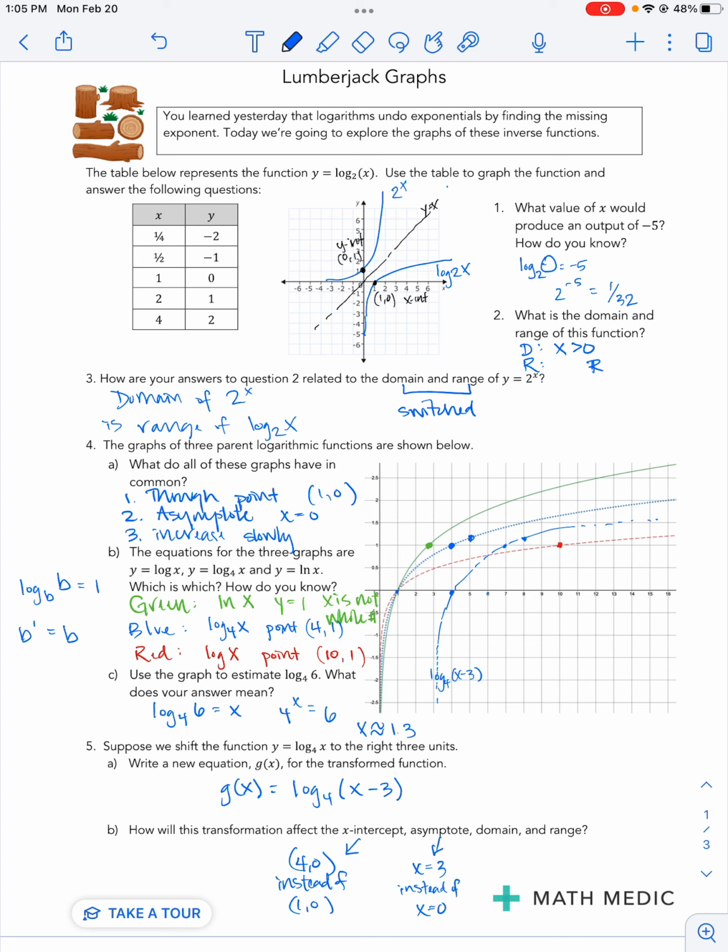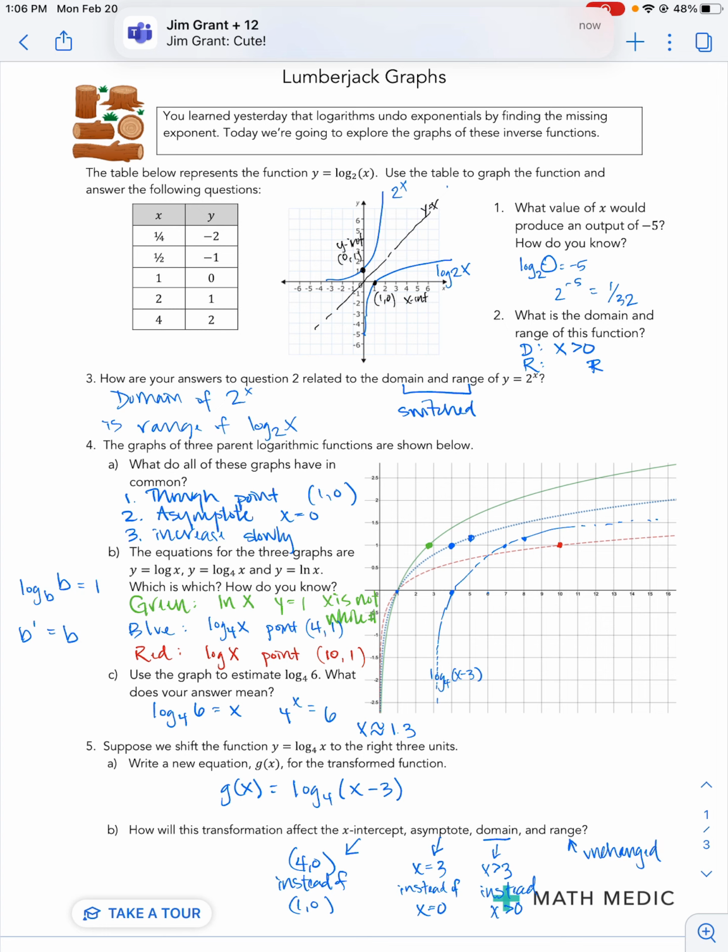Now, the domain of my function is going to change also because, again, this has been shifted 3 units to the right. So my domain now will be all x's greater than 3, instead of before, when it was all x's greater than 0. Now the range remains unchanged.